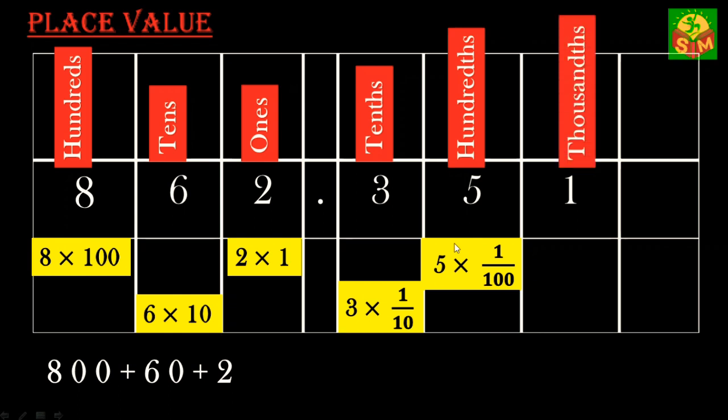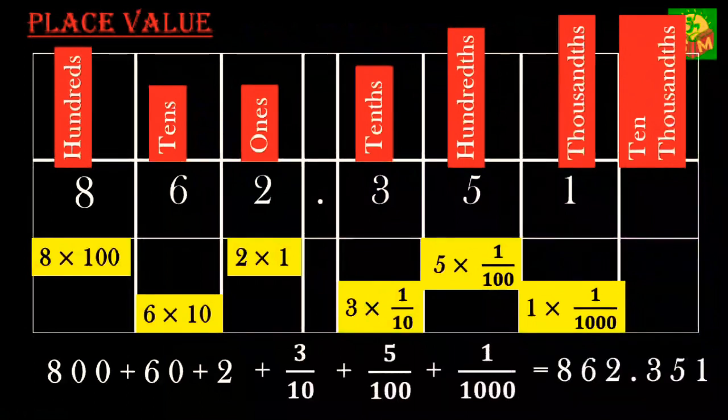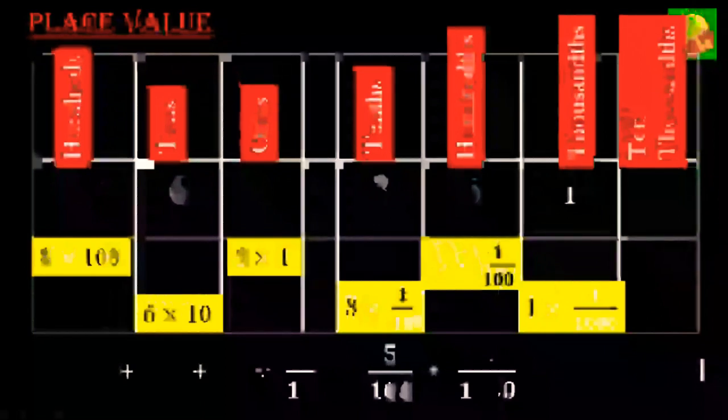The third digit to the right of the decimal point, 1, is said to be in the thousandths place. So we add 1 multiplied by 1 over 1000, that is 1/1000th. If you add these values, you will get 862.351. Observe that as we move towards the right, the place value reduces to 1/10 of the previous place value.